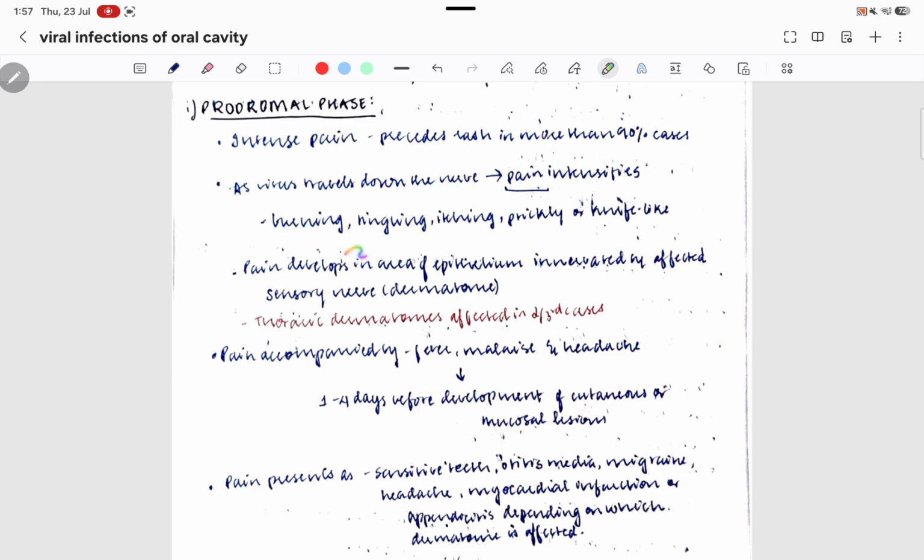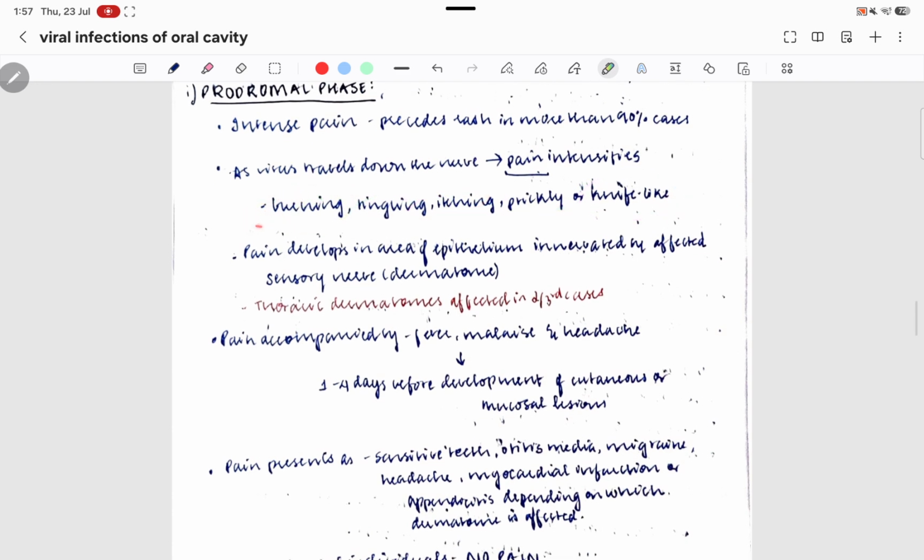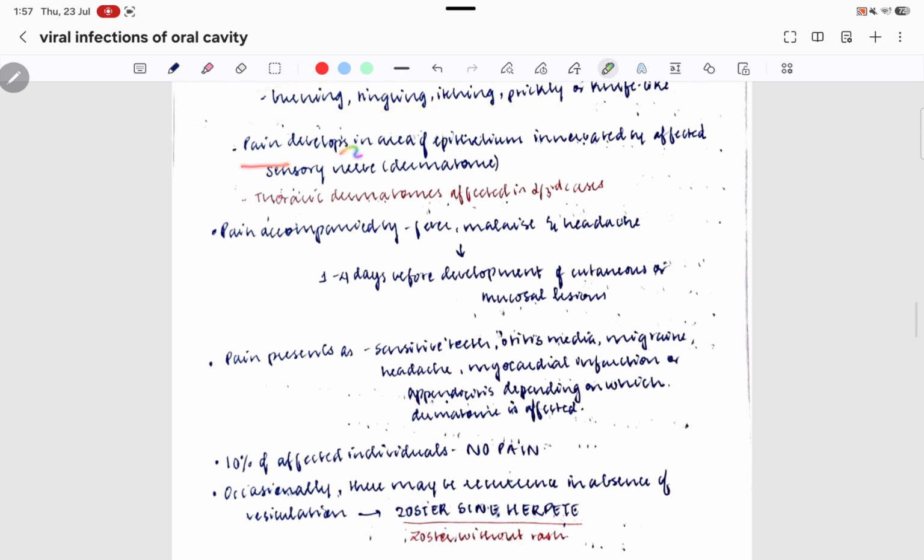The pain is like a burning sensation, tingling, itching, and prickly or knife-like. Just imagine how horrible the pain could be. Then the pain develops in an area of epithelium which is innervated by the affected sensory nerve, the dermatome.